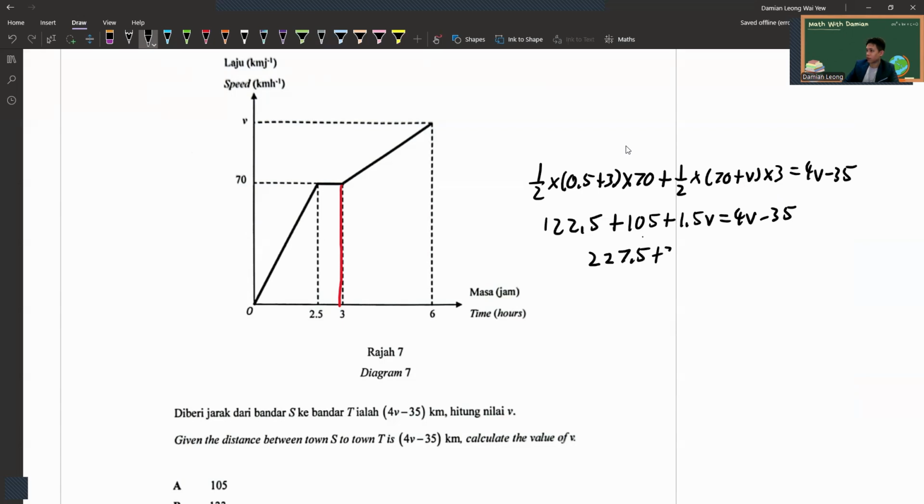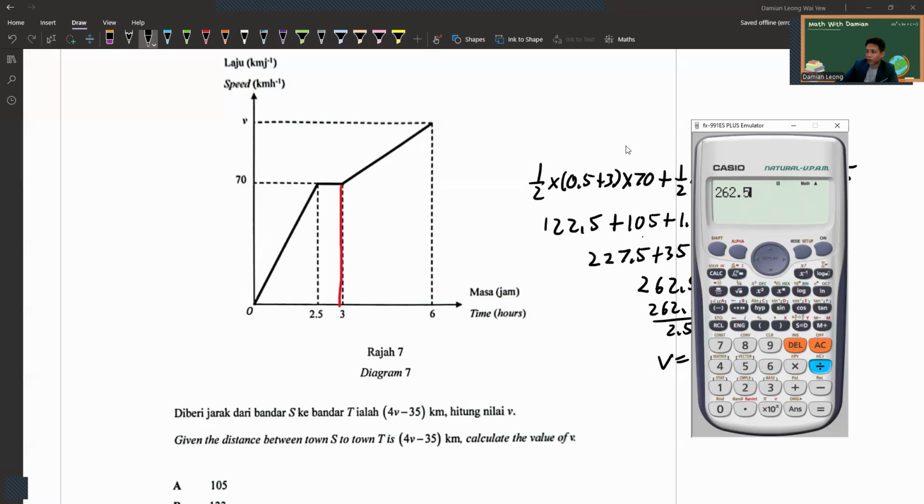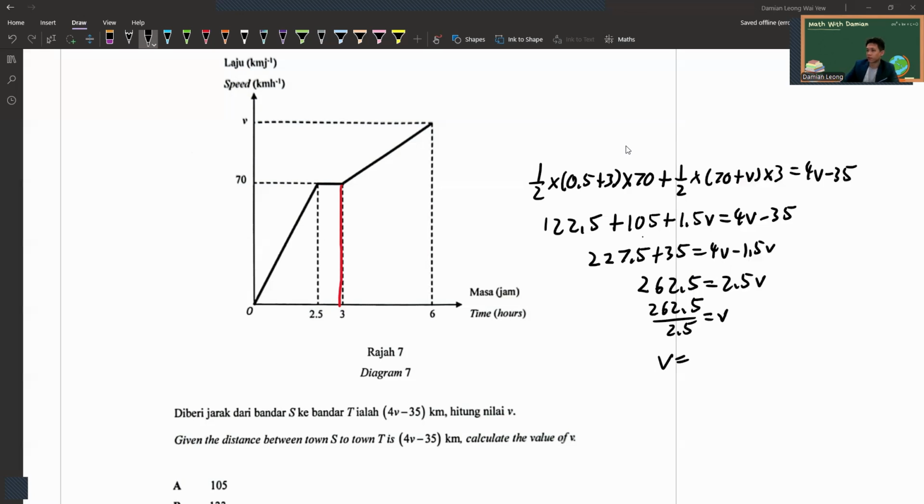Bring over 35, plus 35, equals 4V minus 1.5V. So this is 262.5 equals 2.5V. 262.5 divided by 2.5 is V. So 262.5 divided by 2.5, 105. V would be 105. So answer A. Okay, that is question 19.